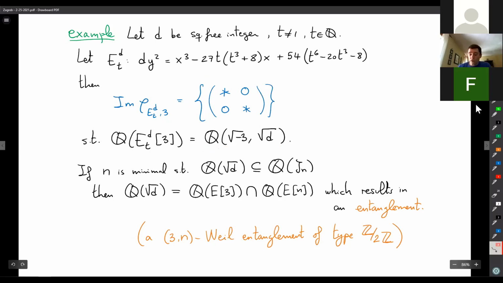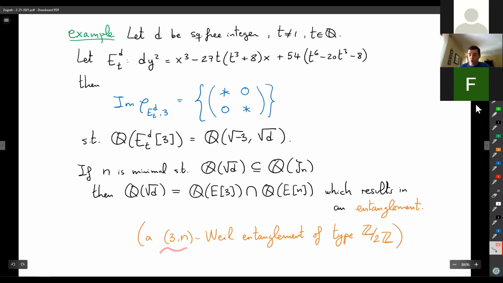So it turns out that then for every one of these elliptic curves, the square root of D will be inside some other cyclotomic field, and therefore the third division field and that other cyclotomic field are entangled, and the intersection is exactly Q adjoint the square root of D, which will result in an entanglement.